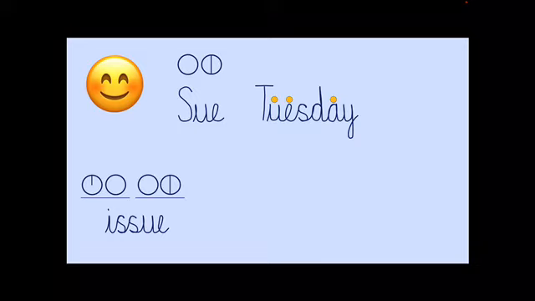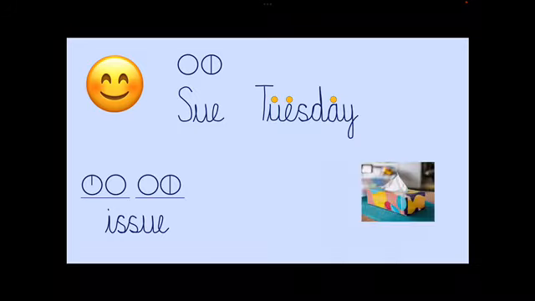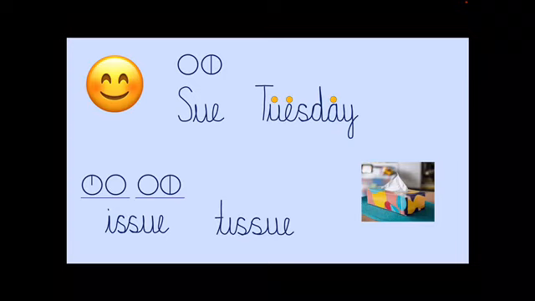And another word with a very similar spelling, tissue. And here we can see a box of them. T-is, sue. And it is very like issue, but it has a T at the beginning. So tissue could be my spelling language for tissue. Our story must have something to do with hands.